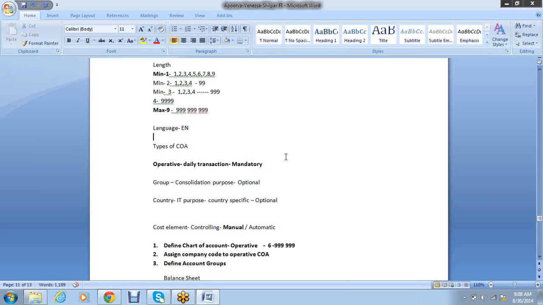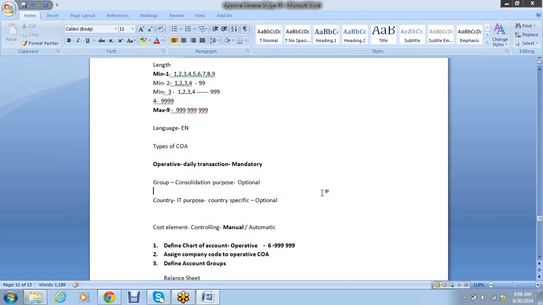So all my transactions will be based upon my Indian standards, but I want to prepare a profit and loss account and balance sheet for each country. For example, for the company code in UK, I want a separate profit and loss account and balance sheet to update there. Then I have to maintain the country-specific chart of accounts. Again, the country-specific chart of accounts is optional.